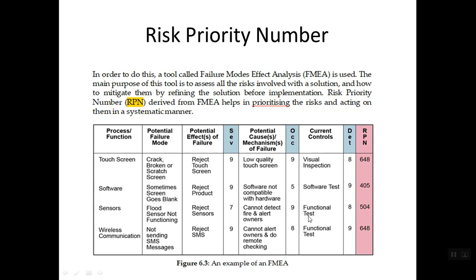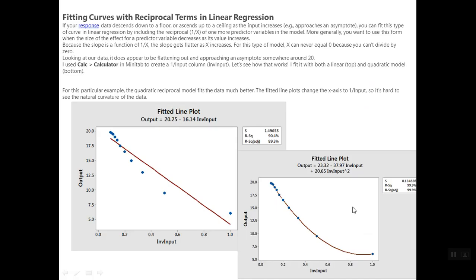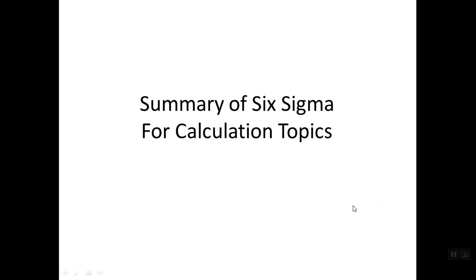Same like this, you perform the functional test to check the sensors. If we can improve this with some automatic sensors, the detection value should be lower, and then the total RPM should be lower, right? So that's all for the calculation. Don't worry, this is a very simple calculation. All the best. Thank you.